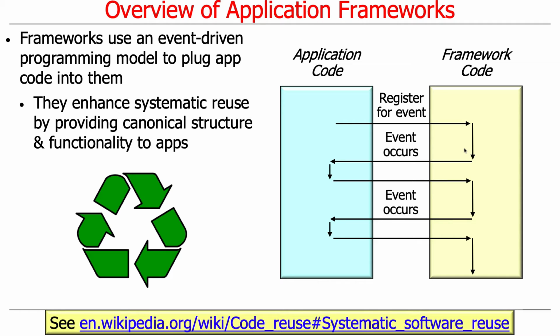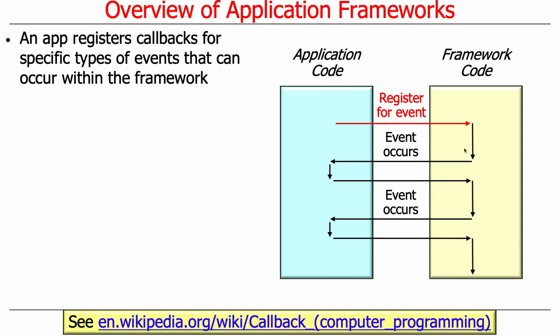The reason for doing this is it makes your system more reusable, and it provides canonical structure and functionality. So once you start writing Android apps, they all kind of have a common look and feel to them. I should also hasten to note that there are different generations of Android apps, and Google continually adds new ways of building apps. But if you strip away and look down at the core, they all have this framework nature to them in order to make things more systematic.